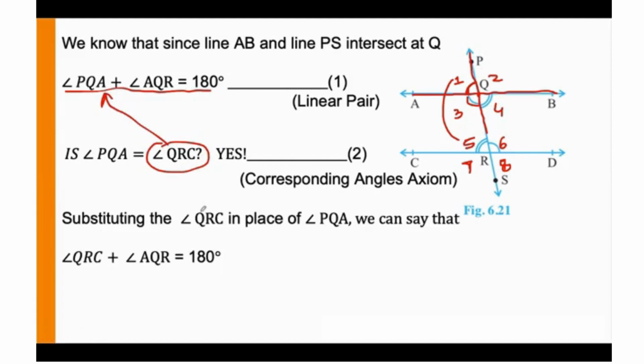So substituting angle QRC in place of PQA, QRC plus AQR is equal to 180 degrees, and that's what we need to prove. QRC is angle 5, and AQR is angle 3. And so we have proved that 3 plus 5 is equal to 180 degrees.